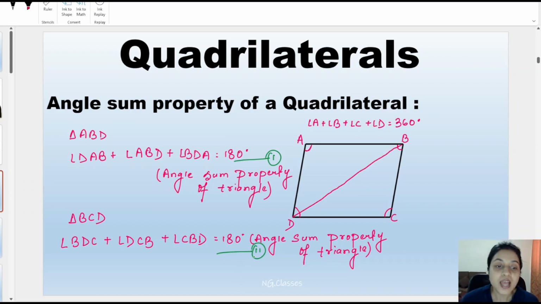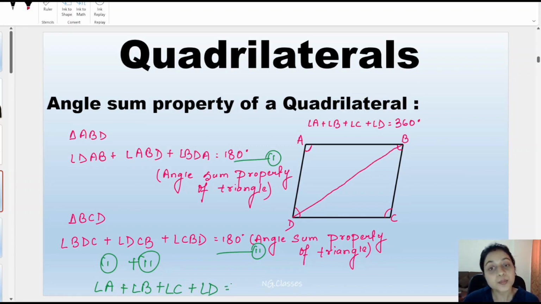So adding 1 and 2 gives us angle A plus angle B plus angle C plus angle D is equal to 180 degrees plus 180 degrees. Please note, whenever we add two equations, we have to add the left hand side with the left hand side and the right hand side with the right hand side. That gives 180 plus 180, that means 360 degrees. And hence we have proved the angle sum property of a quadrilateral.